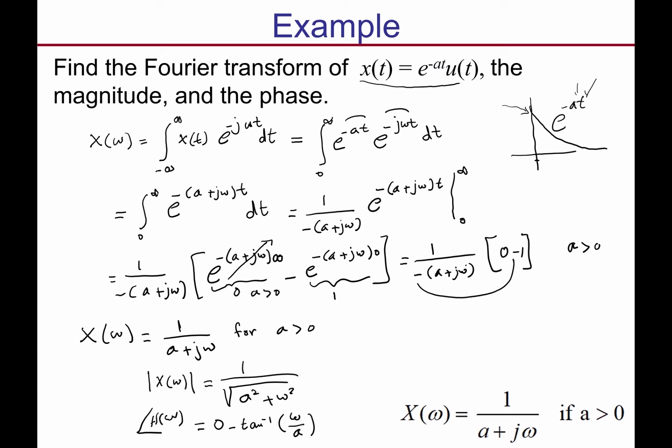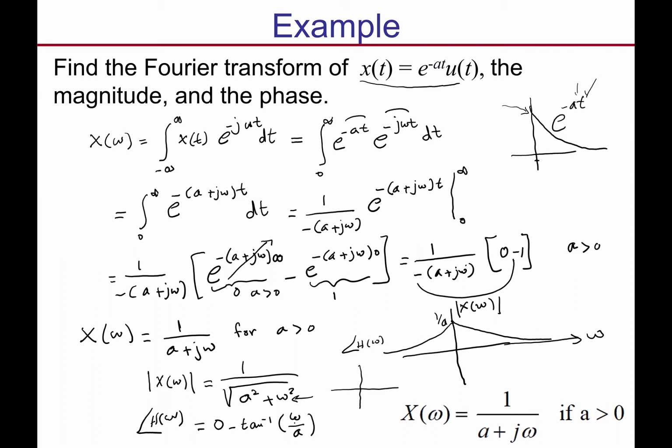And if I plot the magnitude, as omega increases, the magnitude of X of omega will go to 0. When omega is 0, this is 1 over a. So it's going to look something like this, and this is omega. If you plot the phase, it will look something like this.